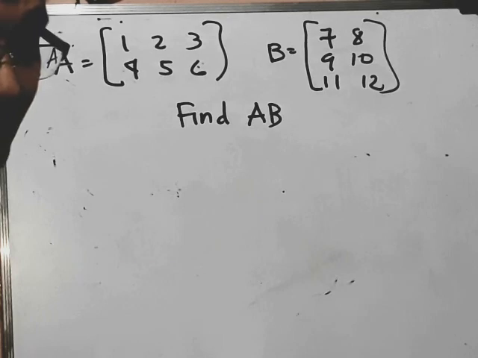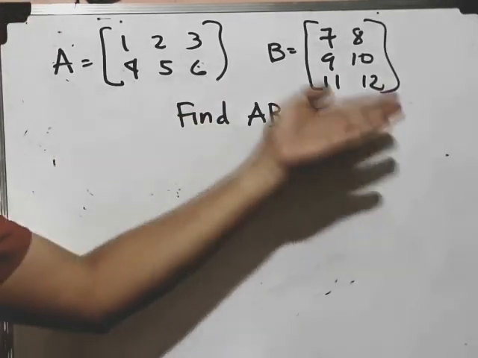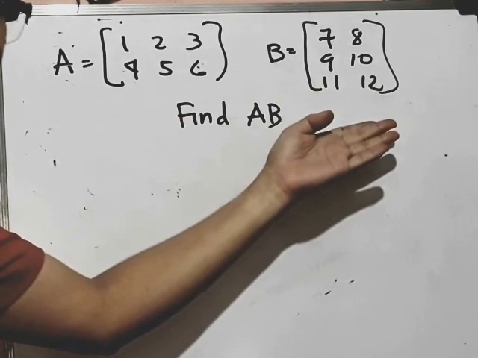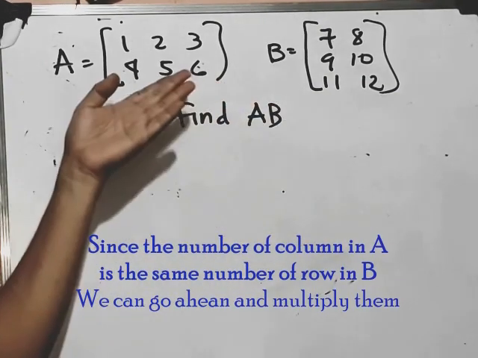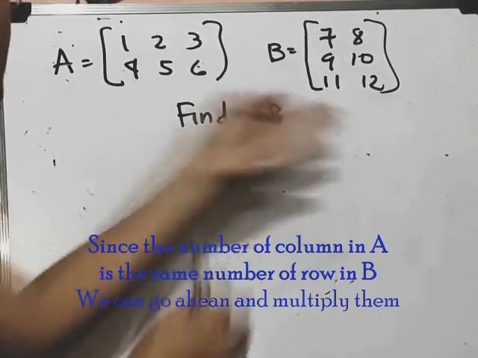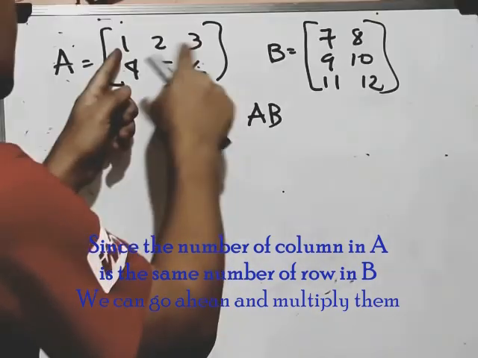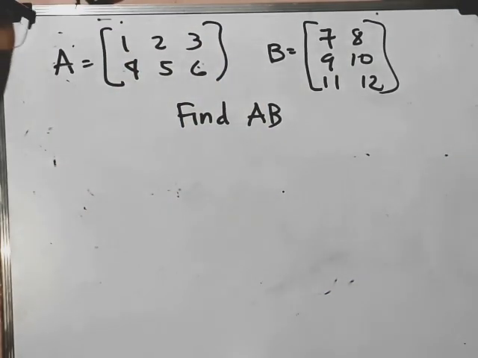So, since matrix A has 2 by 3 dimension and matrix B has 3 by 2 dimension, and since the number of column in A is the same number of rows in B, which is 3 in this case, we can go ahead and multiply these matrices.